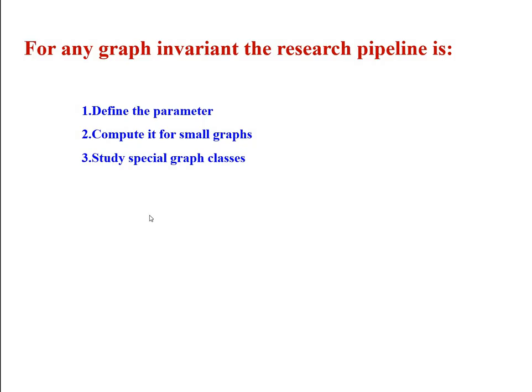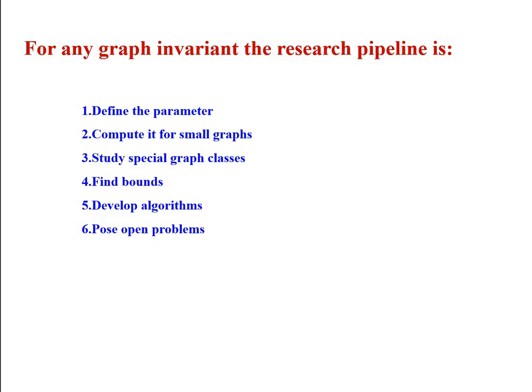And study special graph classes, then find bounds, develop algorithms, pose open problems. Only then, on the research you will have, because otherwise, if you want yours to be unique, then open problems you must find only when you have the entire research picture.